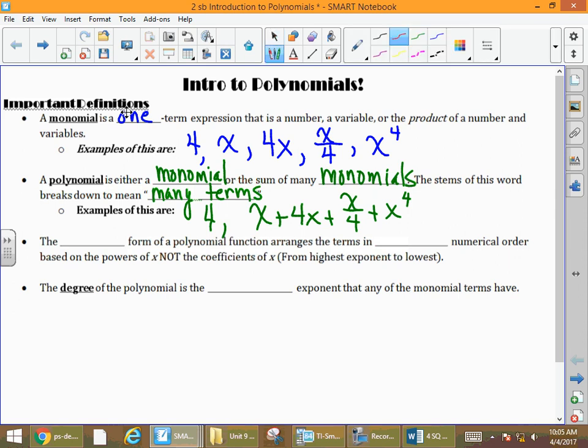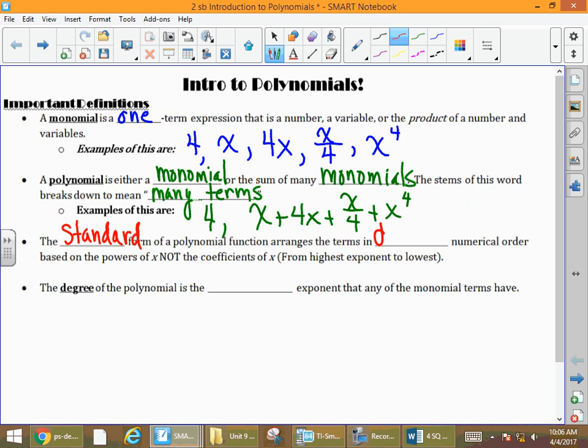I've talked about it before, but here's the formal definition. The standard form of a polynomial function arranges the terms in descending order. What I mean by descending is we start with the highest exponent and then we get smaller and smaller and smaller.